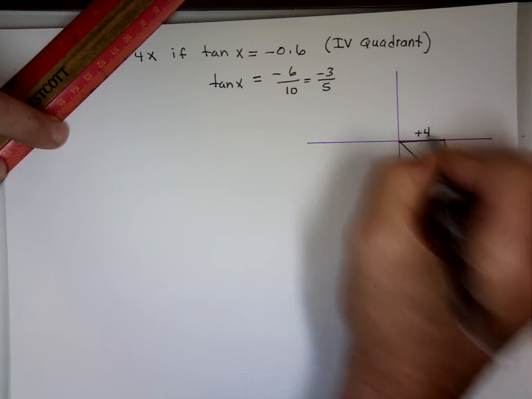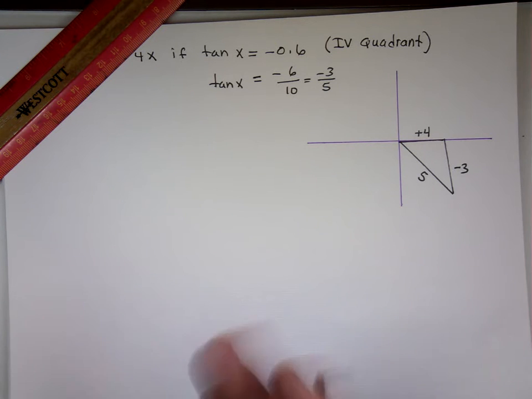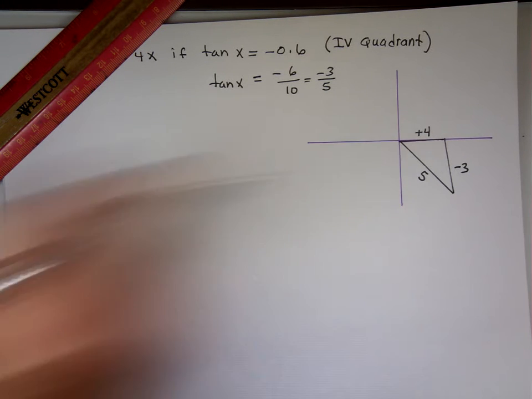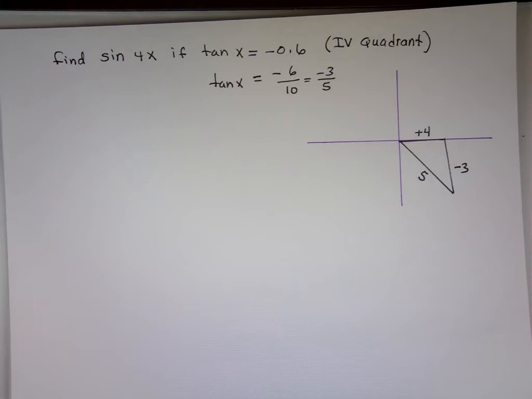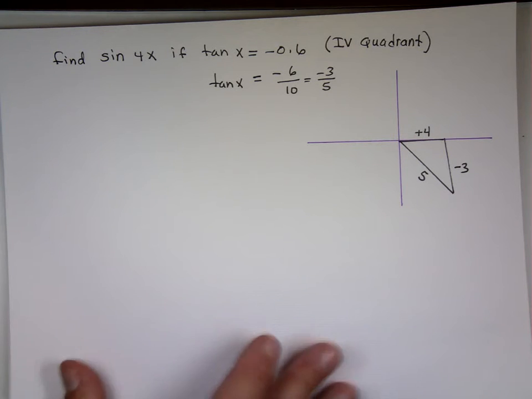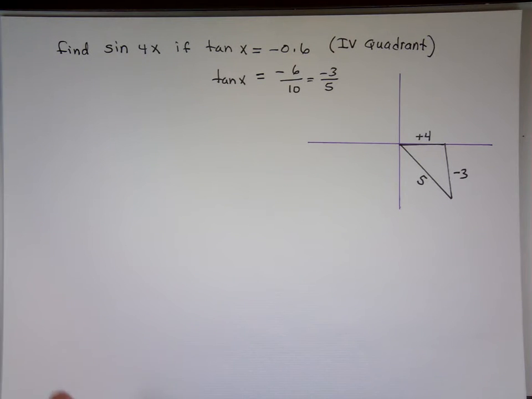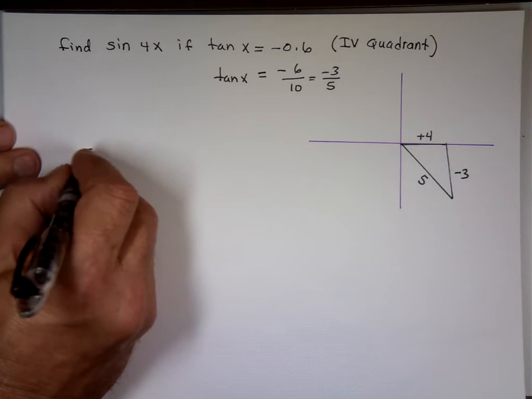You can also do c squared equals a squared plus b squared and solve for it. You know it's a 4. Okay, how is that going to help me? Well, the only thing that comes to my mind: I can write the 4x as what?